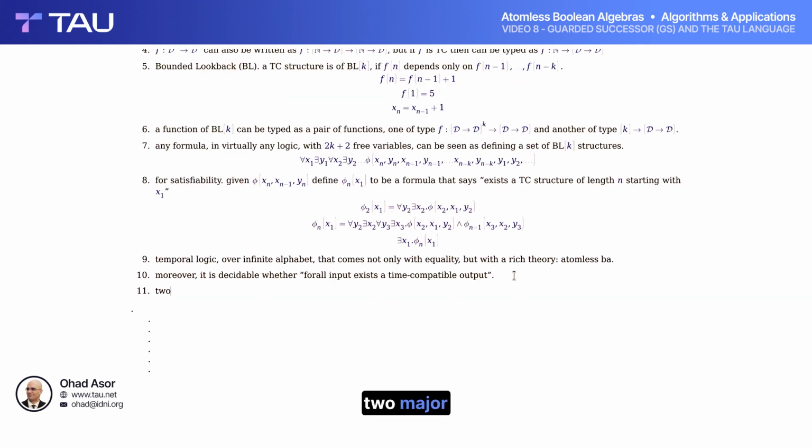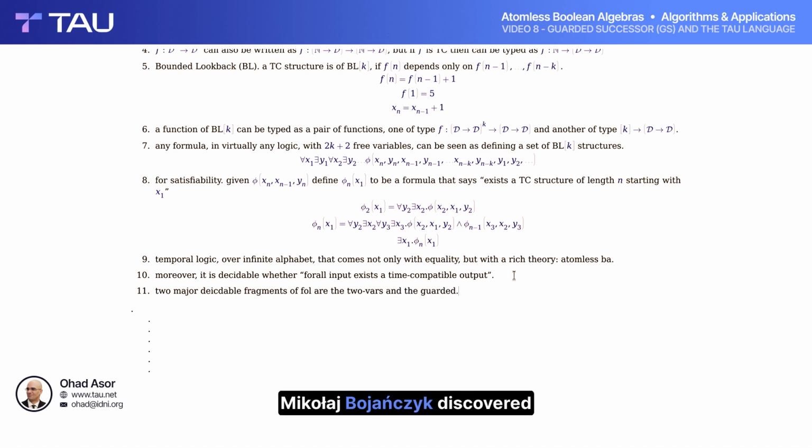Two major decidable fragments of first-order logic are, as you probably know very well, the two-variable fragment and the guarded fragment. As I mentioned before, Nikolai Boyanchik discovered a certain kind of two-variable fragment that has decidable temporal logic over infinite domain.